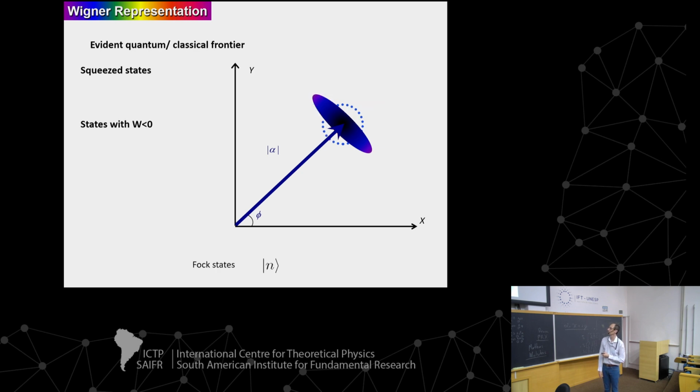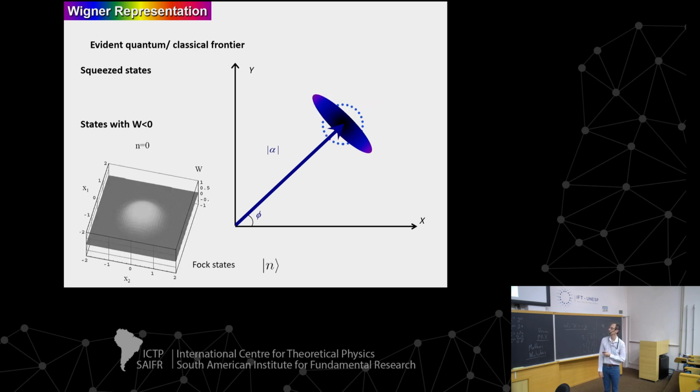Or you can have negative-valued states. Fock state for n equals 0 is the same Gaussian distribution. Or you can have something with those ripples coming out from the center, like here for n equal to 3, you have 1, 2, 3 zeros of your Wigner function. So you have this undulation here.